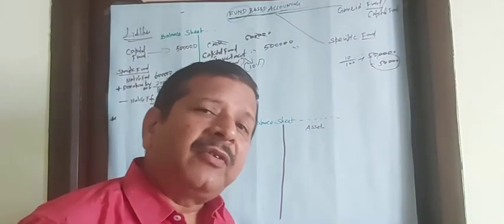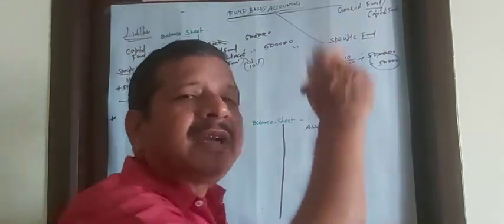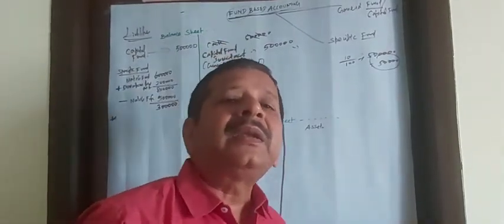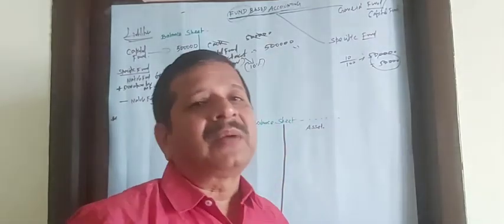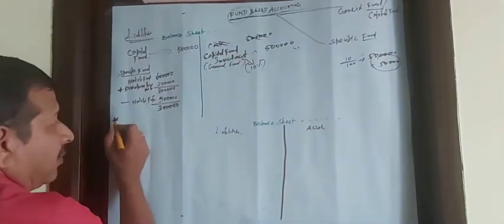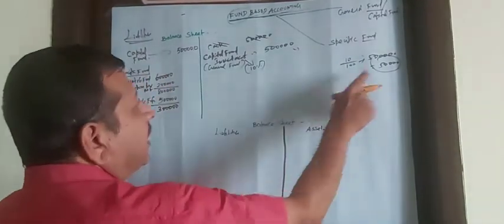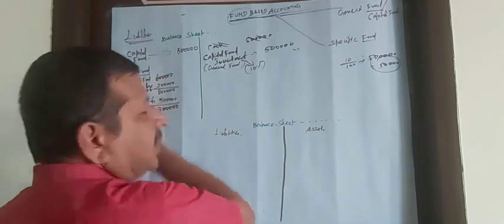Then where will you record it? This 50,000 will be recorded in the income and expenditure account, income side. Listen carefully. First I was going to add it, by mistake I thought that this is the income from the specific fund.